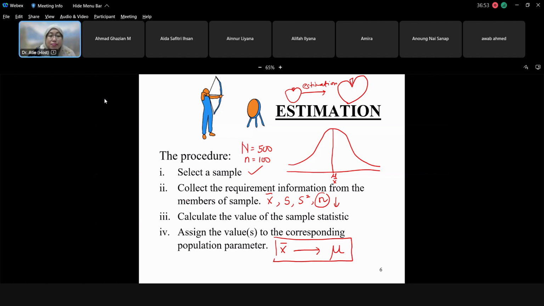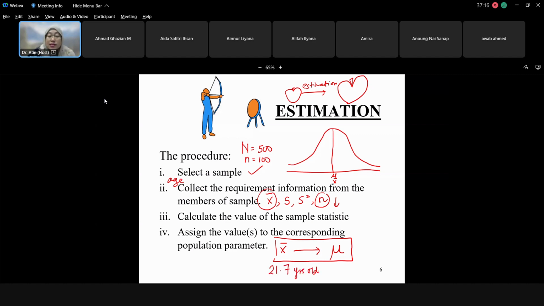So I start collecting their information, for example their age. Then I need to calculate the mean age for the 100 participants. Let's say I found out that the mean age is 21.7 years old.